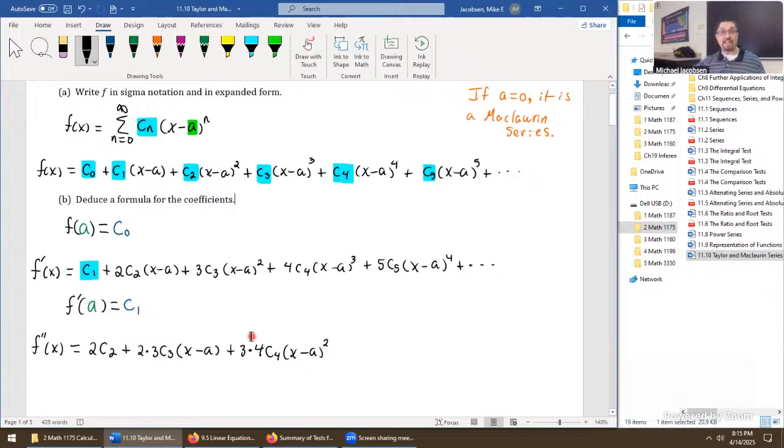That's not a factorial yet, but on the third order derivative, 2 comes down, and it's 2 times 3 times 4. That would be a 4 factorial. So this is a 2 factorial, 3 factorial, and then almost 4 factorial is coming up on this one. Then plus derivative from over here is 4 by 5, c5, x minus a power 3.